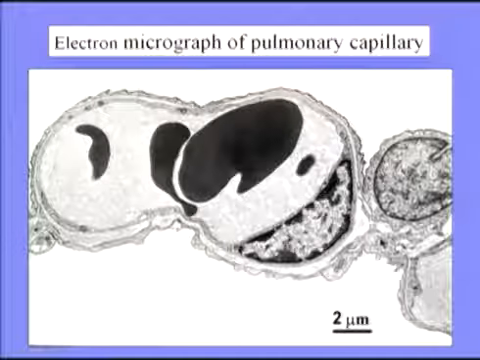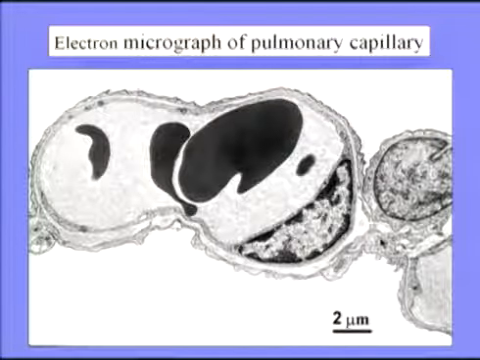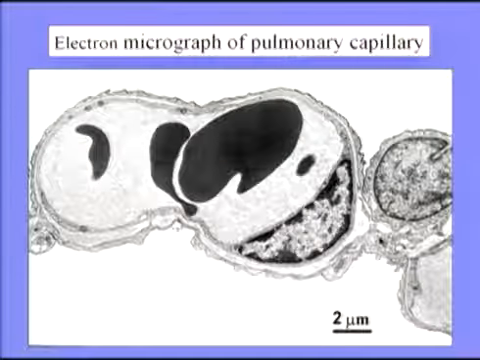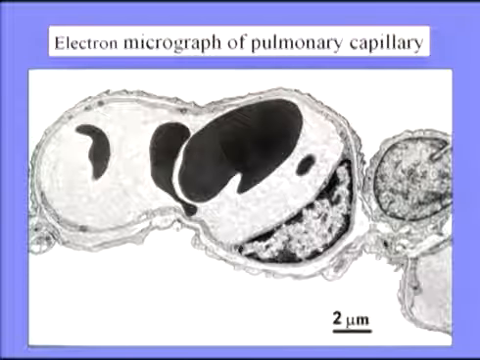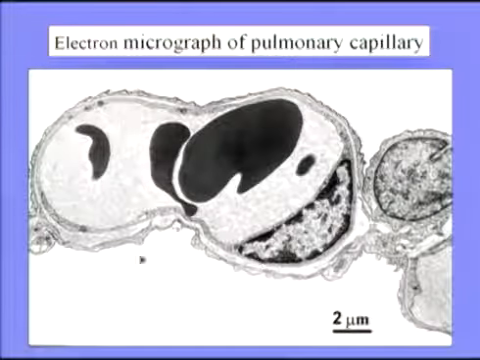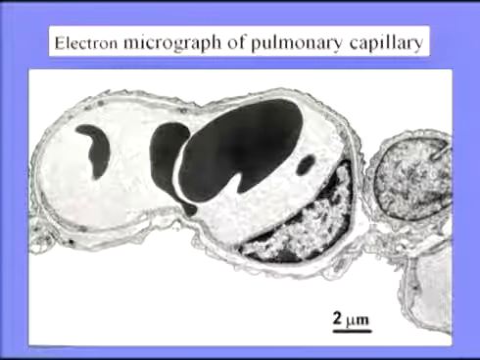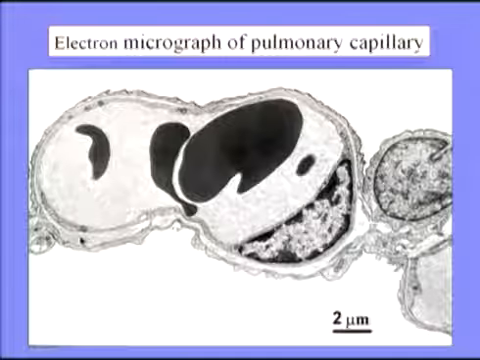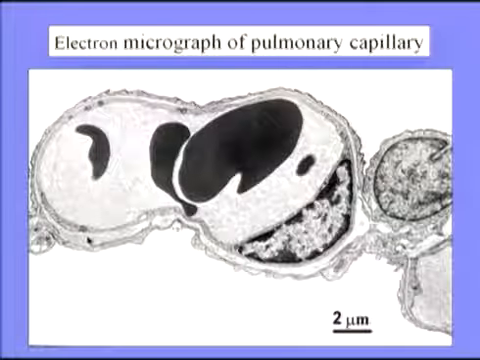The fibroblast is extremely important in the context of restrictive diseases because it's the fibroblast that makes type 1 collagen, which is responsible for the fibrosis that occurs in these conditions, as we'll see in a moment. So this fibroblast is a very important cell, and we make a note of it here. The other thing we see in the thick side of the blood-gas barrier are these fibrils of type 1 collagen.